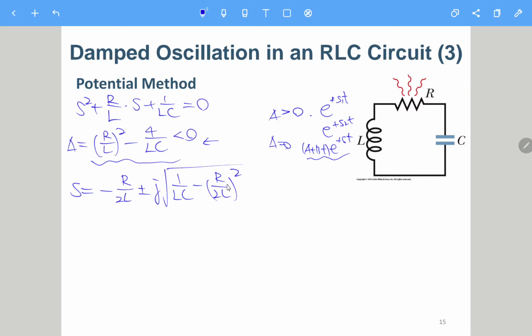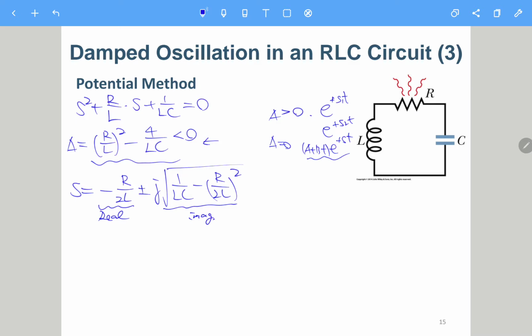The only thing is that I usually use j to represent square root of negative 1 rather than i. So this is the real part, this is the imaginary part.